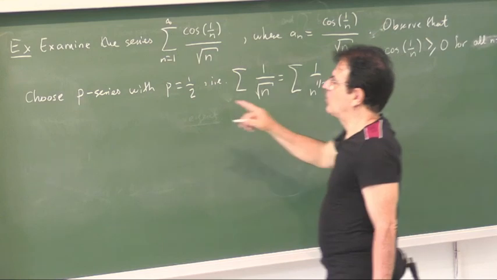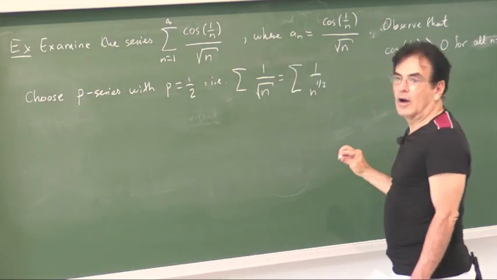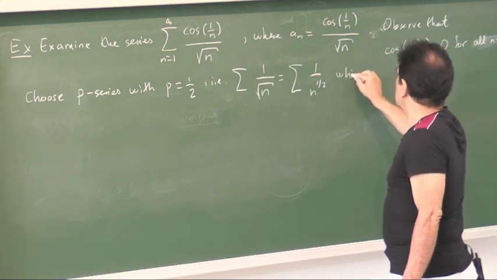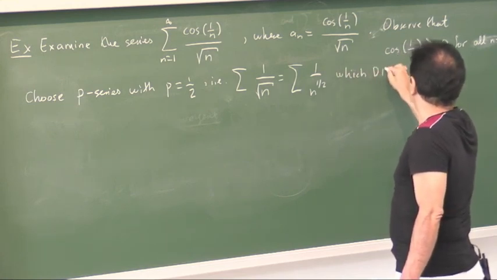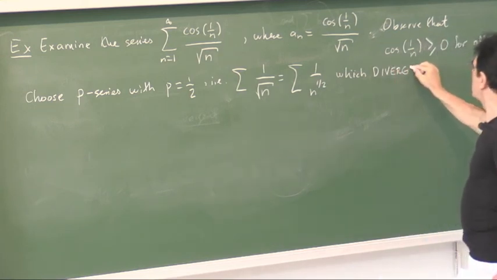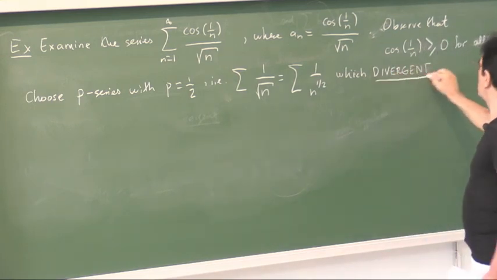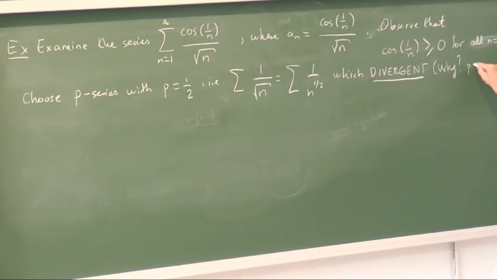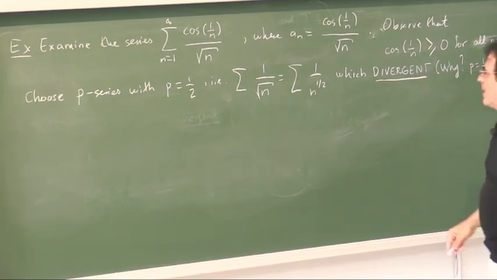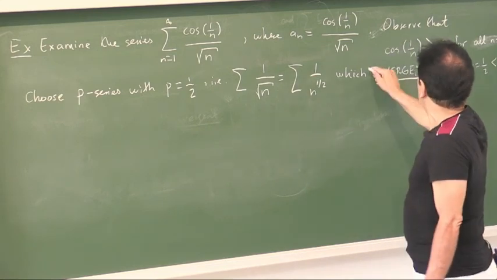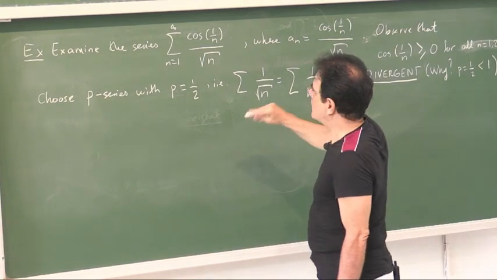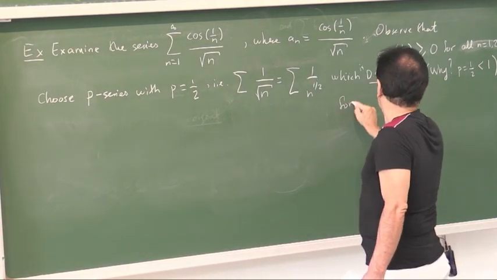This is the p-series with p equal to 1/2 for comparison, which is divergent. Why is it divergent? Because p is 1/2, which is smaller than 1.